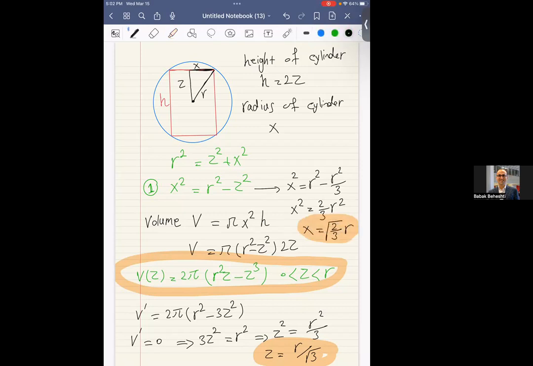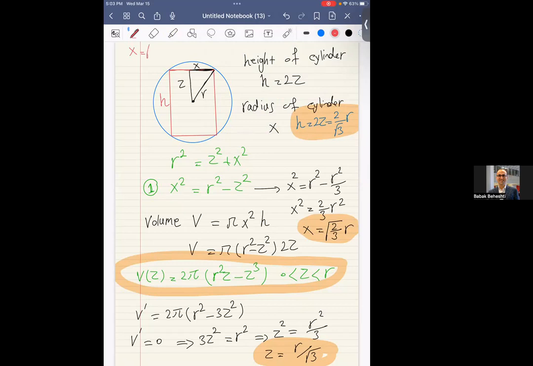And H finally is 2Z. So H is 2Z, which is equal to 2 over root 3 times R. So you have H and X, the dimensions of the cylinder.